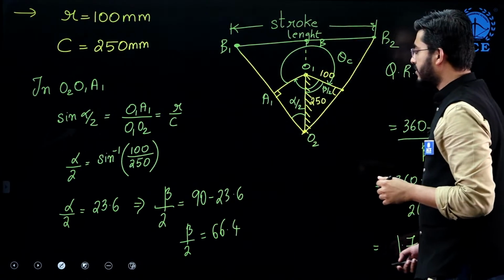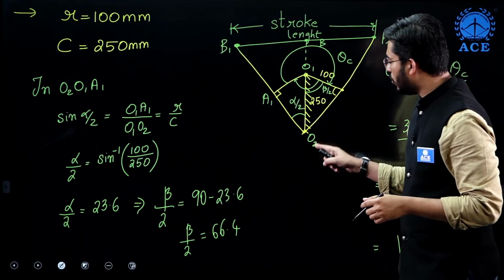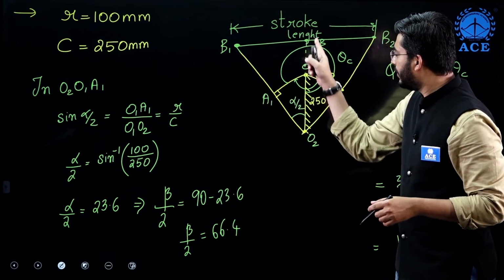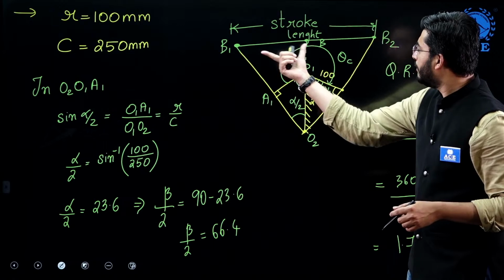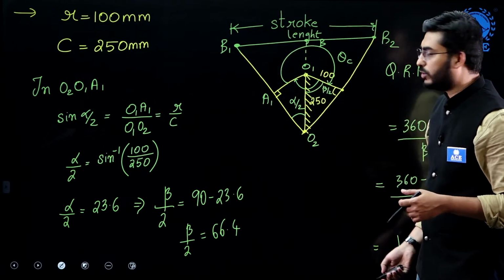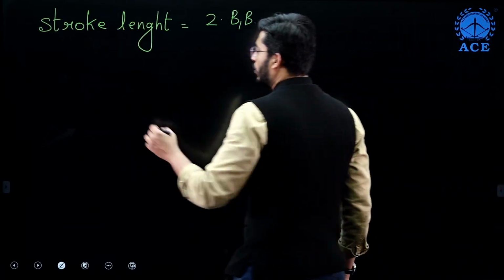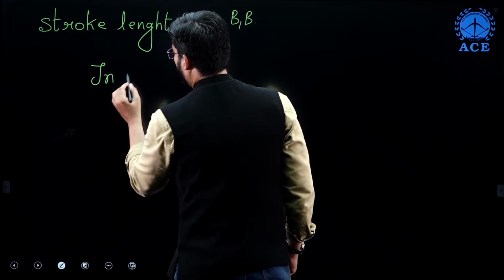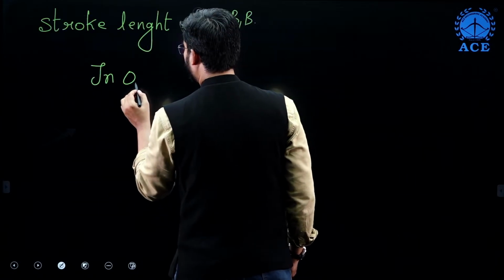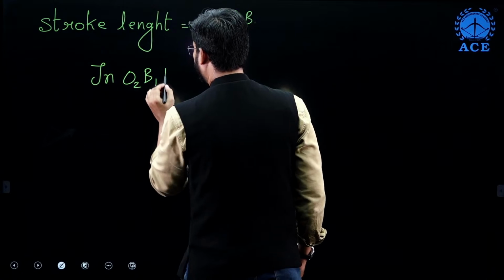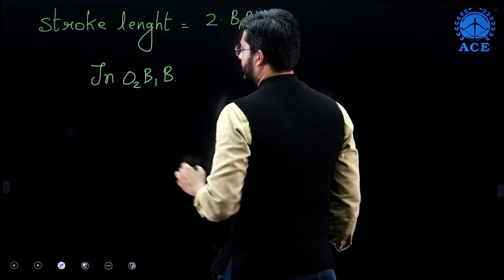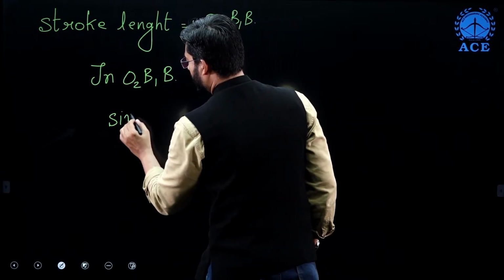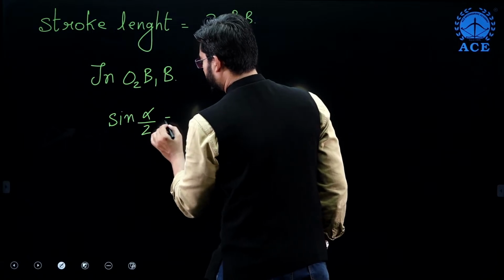Okay. So what is B1B? If you consider the triangle O2, B1 and B, B1B is the opposite side of that triangle. In triangle O2, B1B, that is sine of alpha by 2.